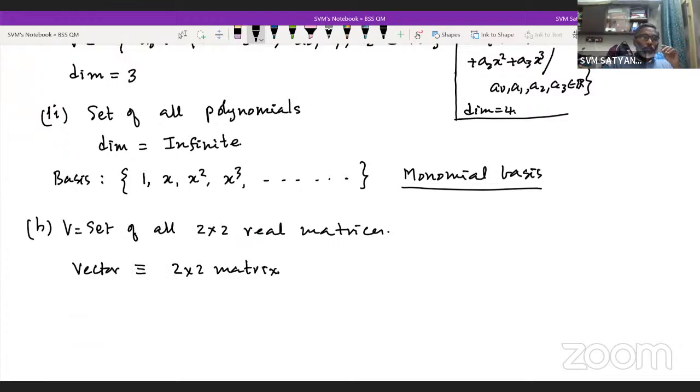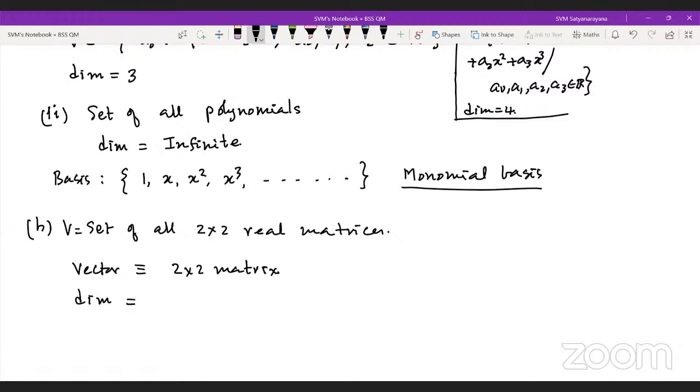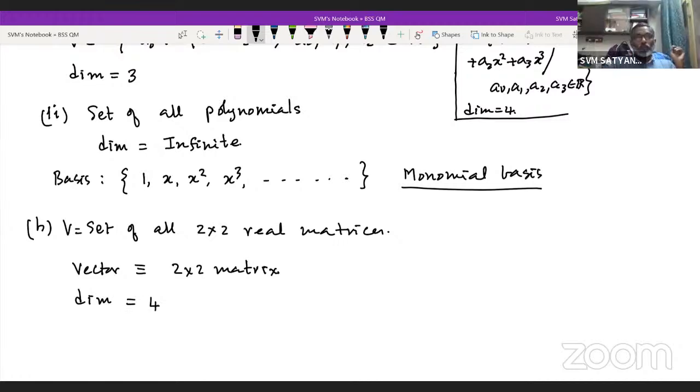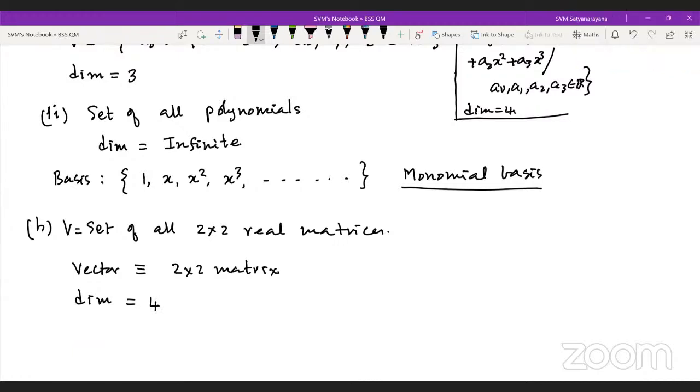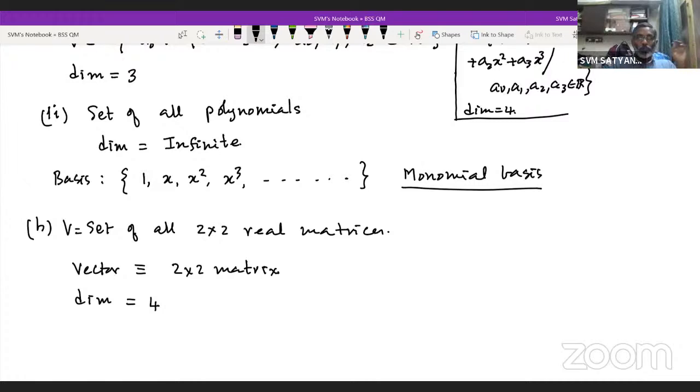Now tell me, what is the dimension of this vector space? It is 4, because we have 4 real elements: the 1 1 element, 1 2, 2 1 and 2 2.